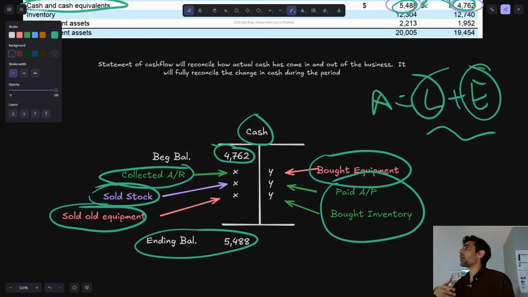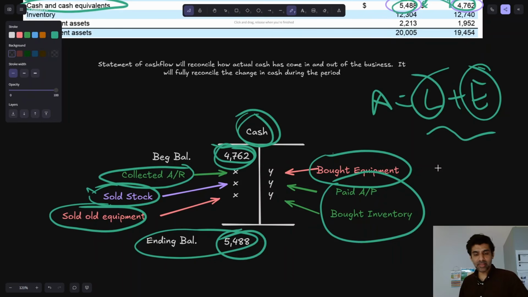If you're borrowing money or paying it off, buying back stock or issuing stock, it's all going to appear in this financing section. You can see that cash is affected by all these different components or categories. The statement of cash flow will reconcile this and this, but it's going to do it by splitting up these cash flows into their respective types.